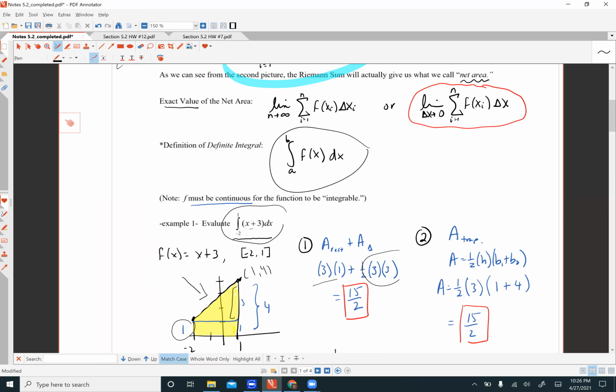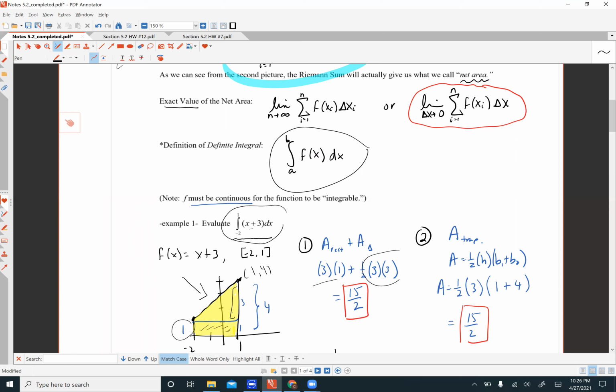When x is 1, the total height is 4. This point here is 1 comma 4, and the base from -2 to 1 is 3. So let's just go up 1. You have this rectangle whose dimensions are 1 by 3. I'll shade that part in a little bit.